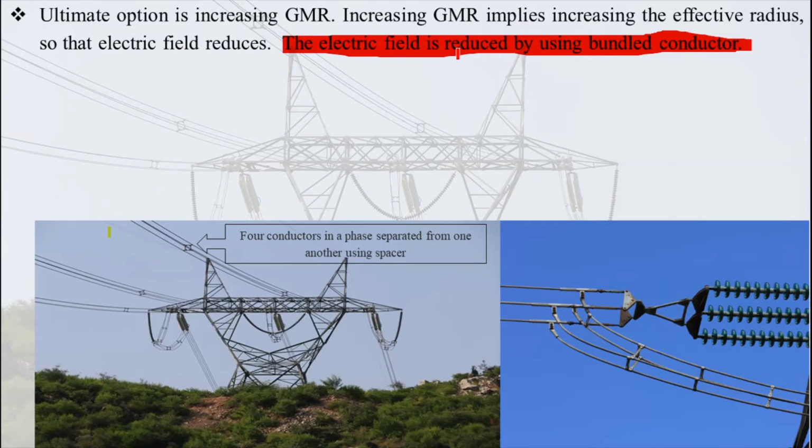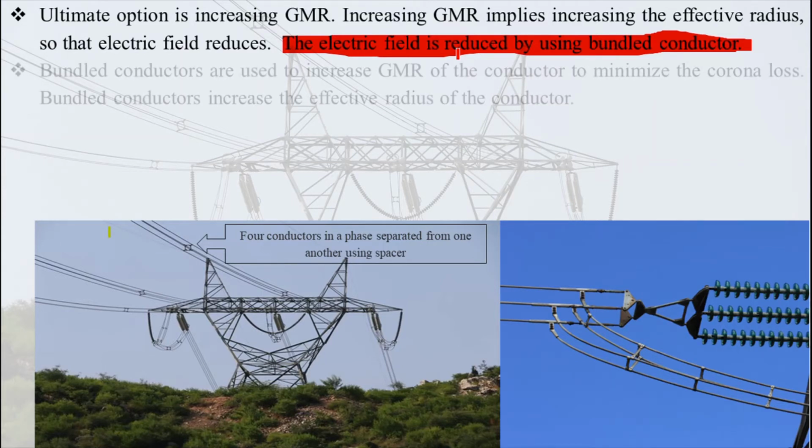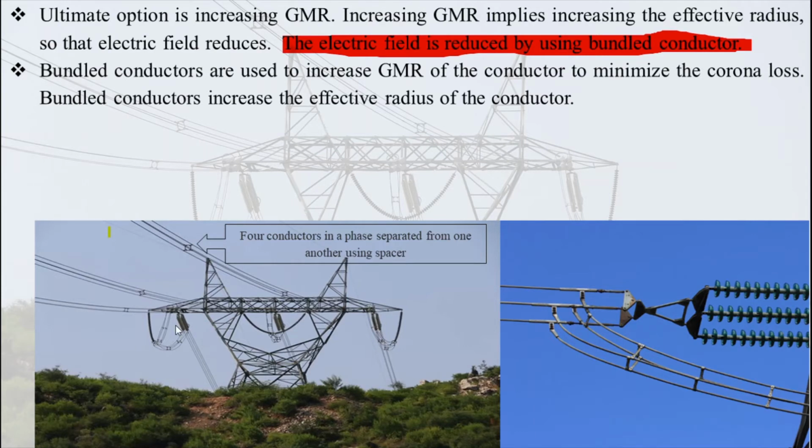See this picture. Here is a bundled conductor. These are 4 conductors for each phase. So this is called bundled conductor. In case of bundled conductor, each conductor is replaced by a group of conductors. Suppose this phase is carrying current 100 ampere.